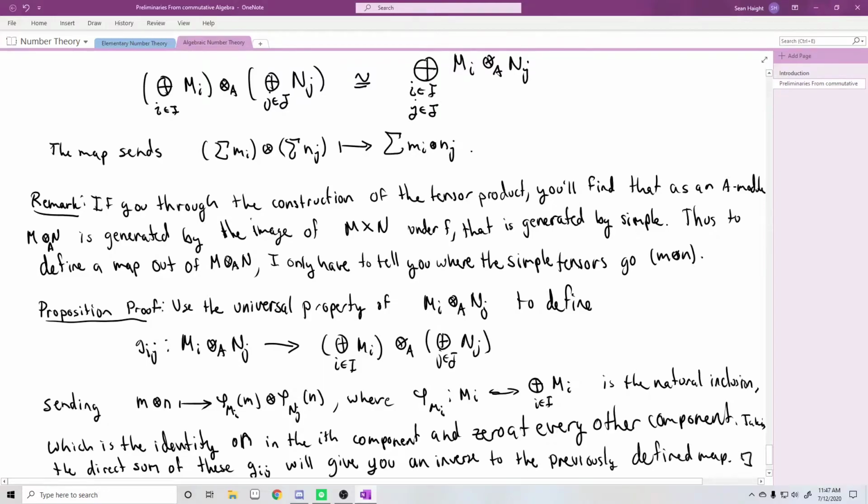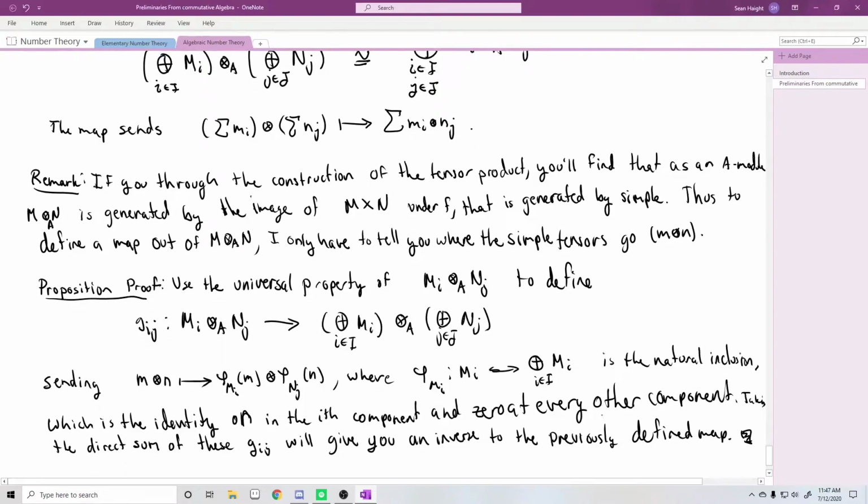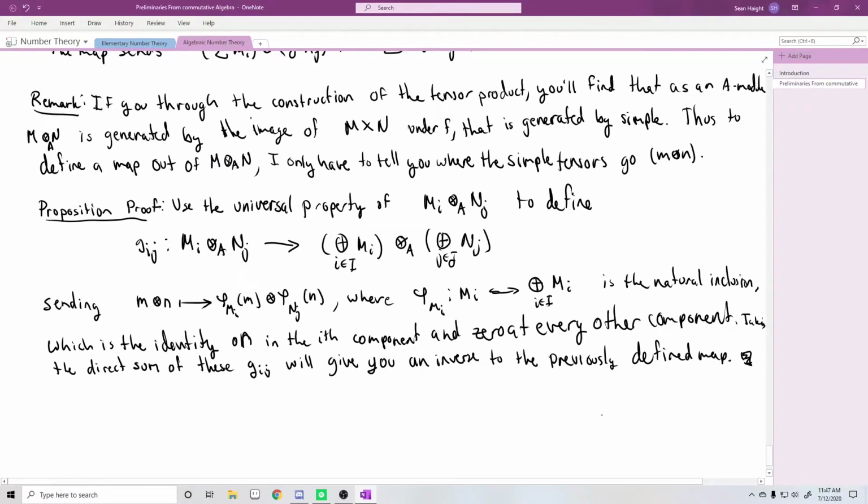You can check just by doing composition in both directions that this actually does define an inverse.